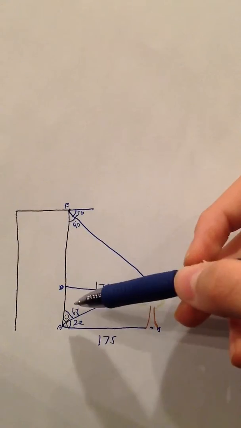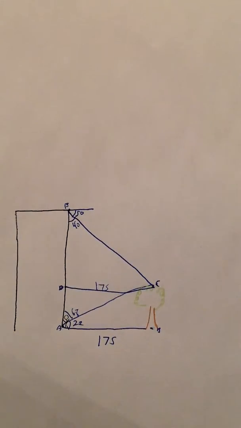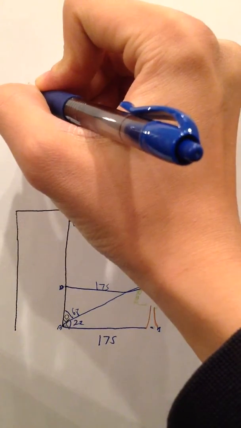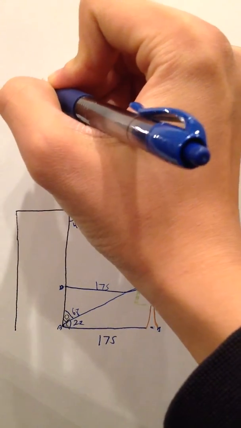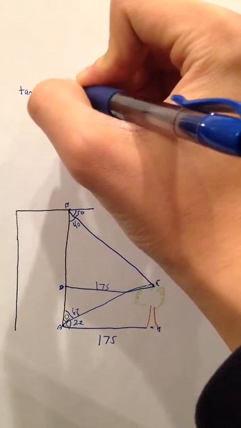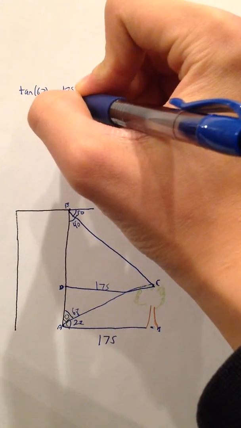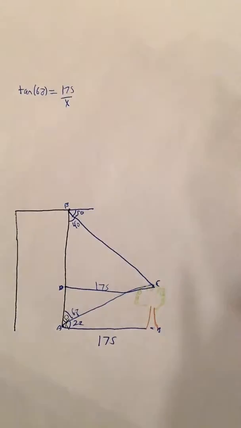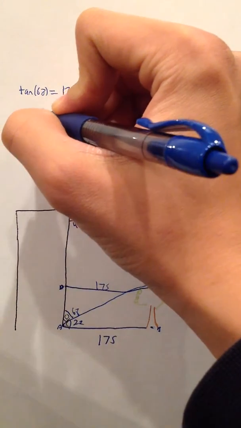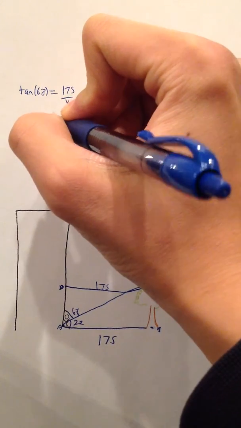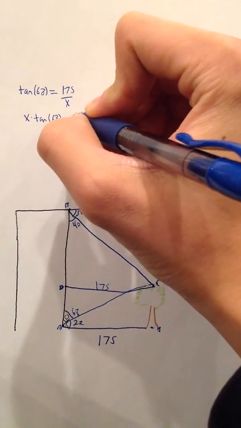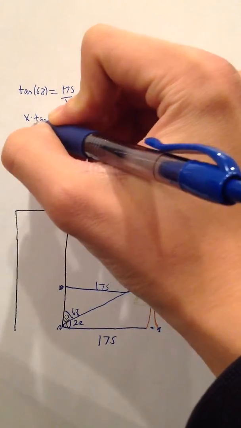We have opposite and adjacent, which means tangent. So, the tangent of 68 equals opposite 175 over adjacent x. We're going to cross multiply, so x times tangent 68 equals 175.